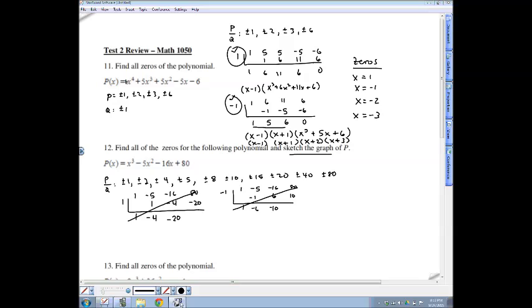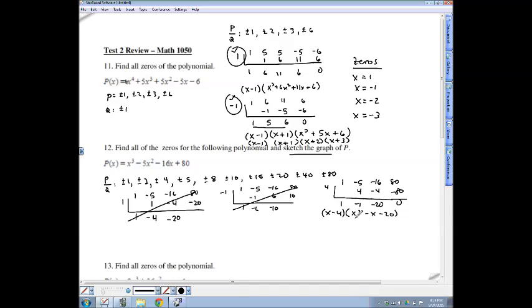This might take a while. Got a pretty good feeling here about positive 4. Because I knew what the answers were beforehand. But eventually you would have gotten there. So x equals 4. That also means x minus 4 is a factor, and these would be the coefficients of the reduced polynomial x squared minus x minus 20.